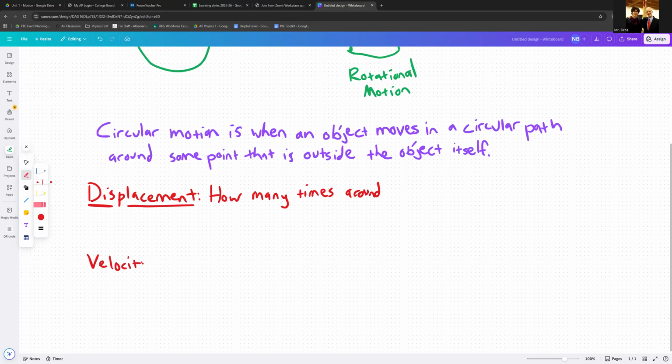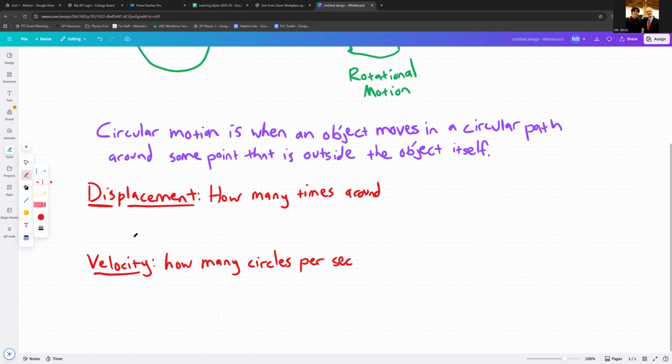Velocity, sure, we do care about how fast it's going, but with meters per second and our traditional way of finding velocity, we're not going to use meters per second here. What we're going to end up doing is talk about essentially how many circles per second does the object complete.